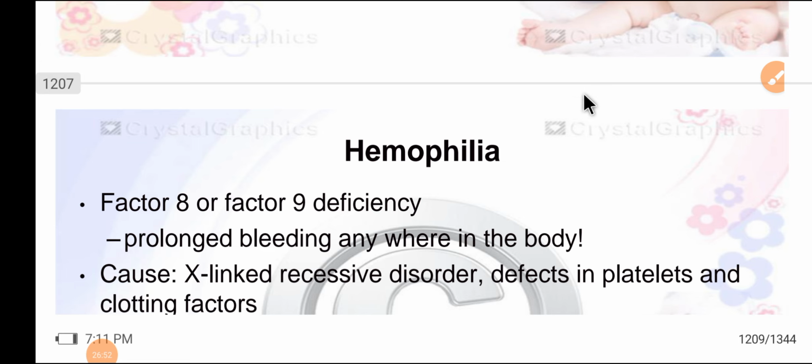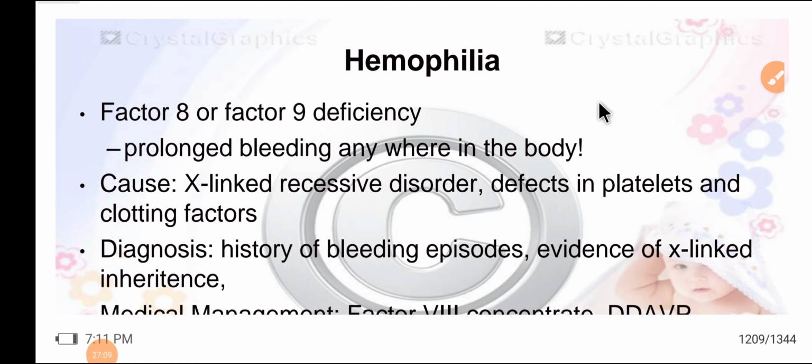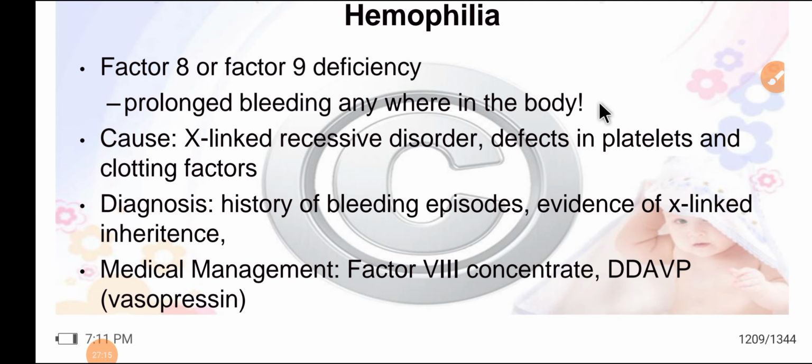Hemophilia is factor 8 or factor 9 deficiency. It causes prolonged bleeding anywhere in the body and is an X-linked recessive disorder with defects in platelets and clotting factors. Diagnosis: history of bleeding episodes, evidence of X-linked inheritance.